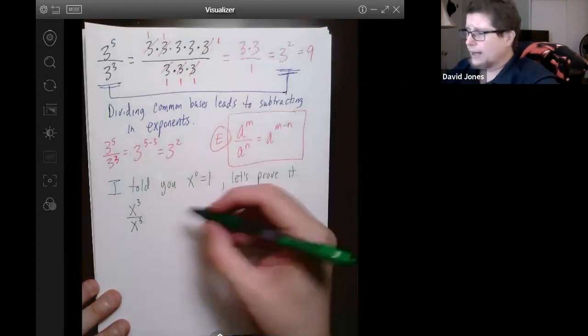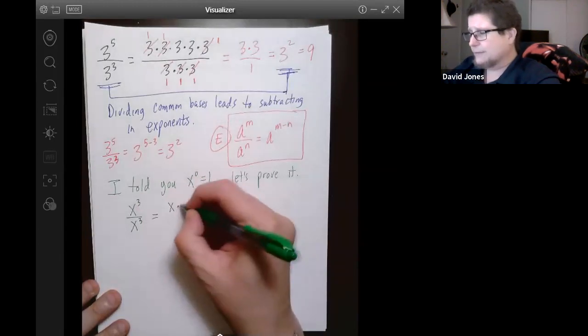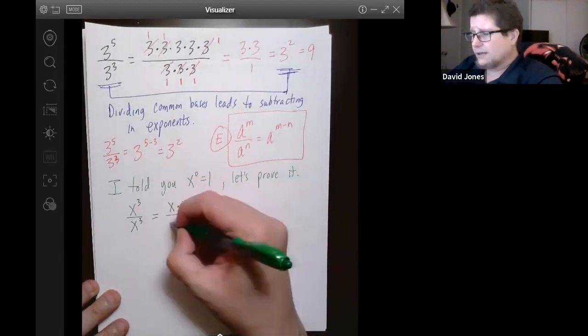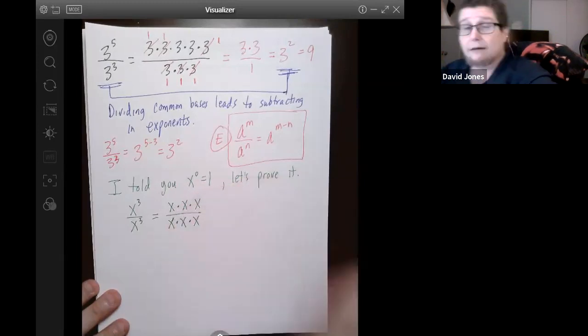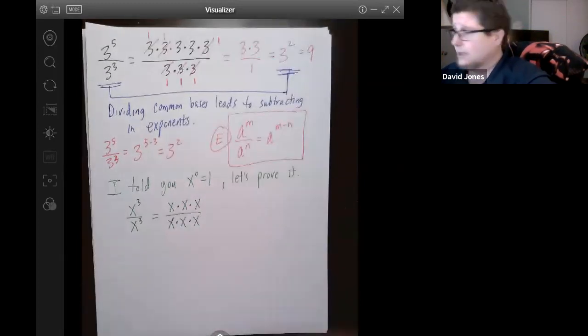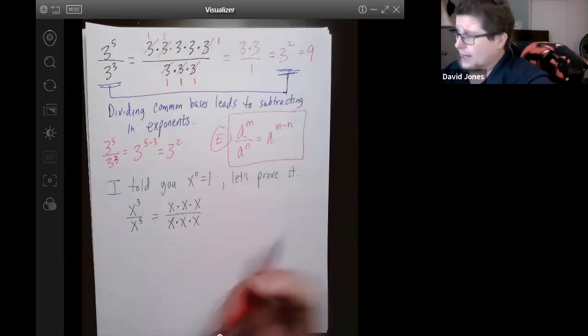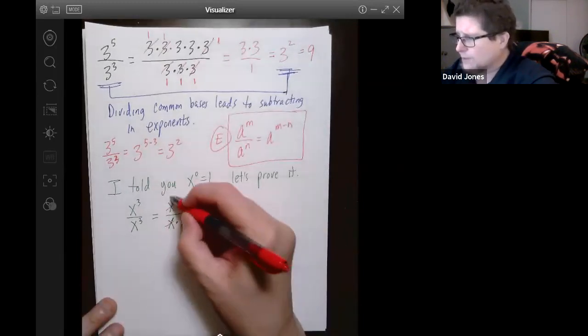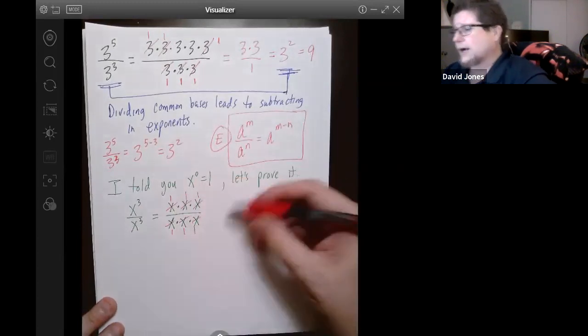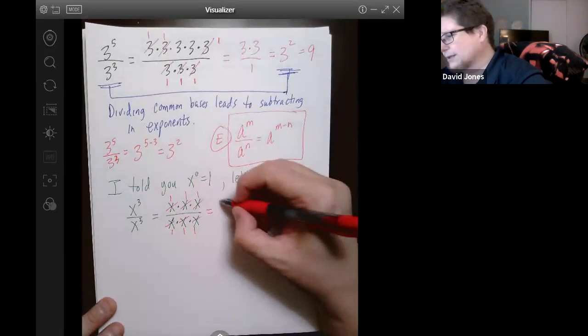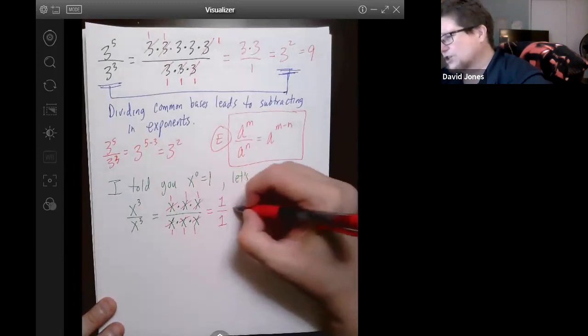Now, one way I can write this is x times x times x over x times x times x, just rewriting the terms without exponents. And if I cancel out common terms on top and bottom, leaving behind a 1, I'm just left with a 1 on top, 1 on bottom, which is 1.